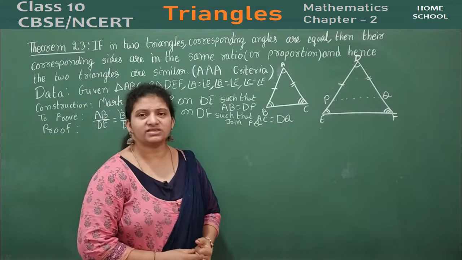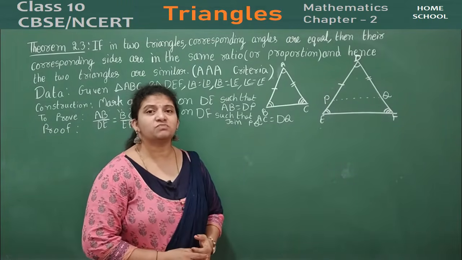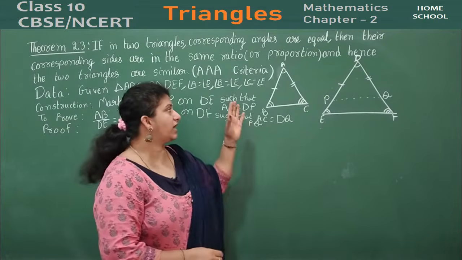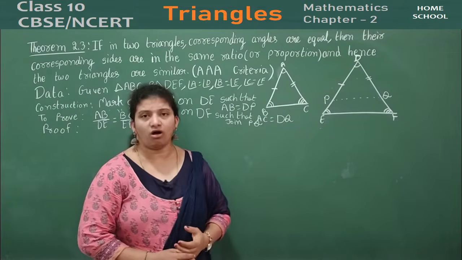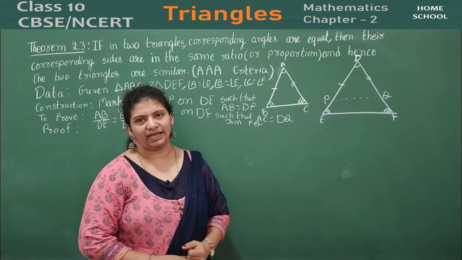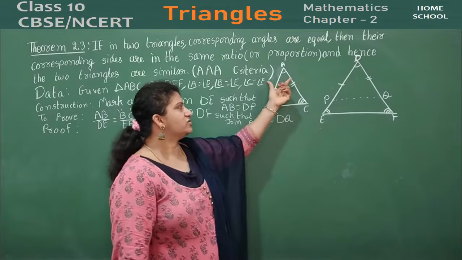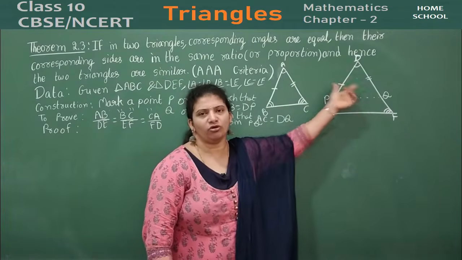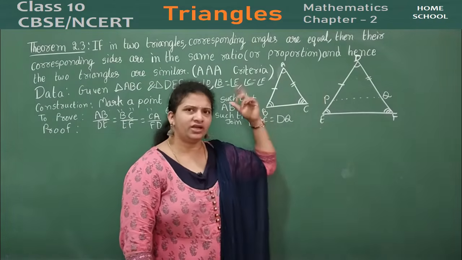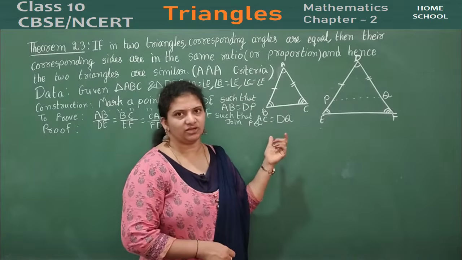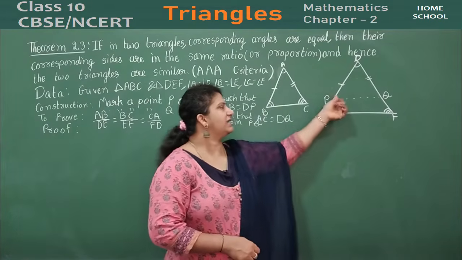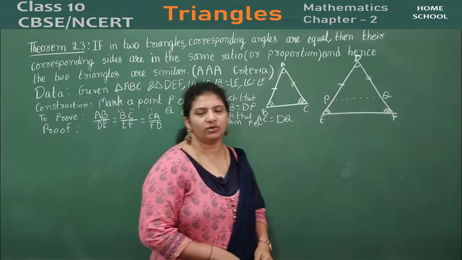Do you know what is CPCT? Corresponding parts of congruent triangles. By CPCT, what can you say? If these two triangles are congruent, and we already proved it by SAS postulate, then these angles are also equal.